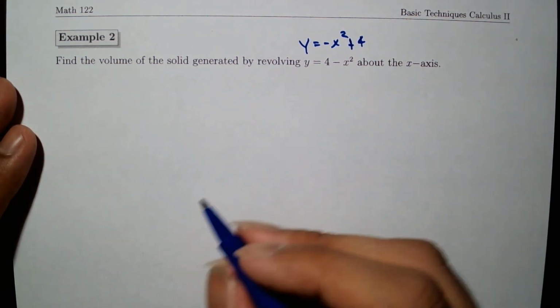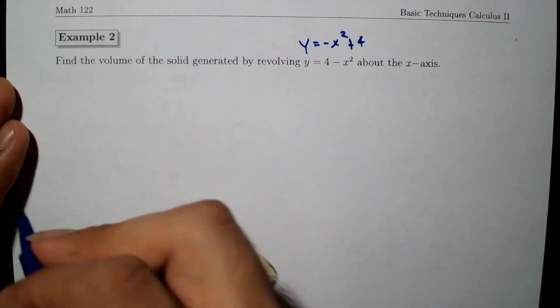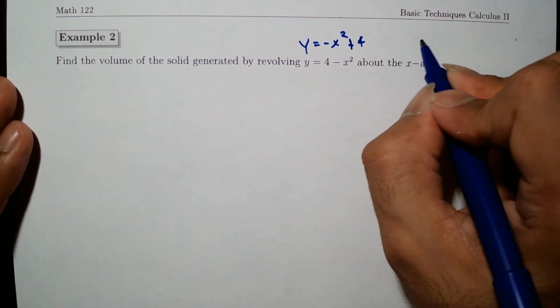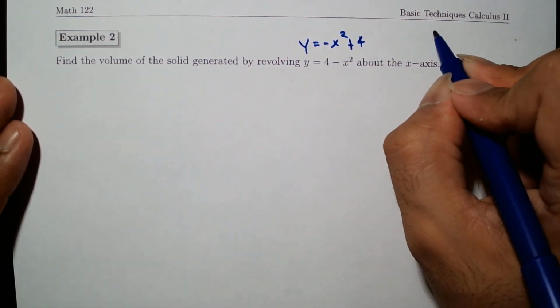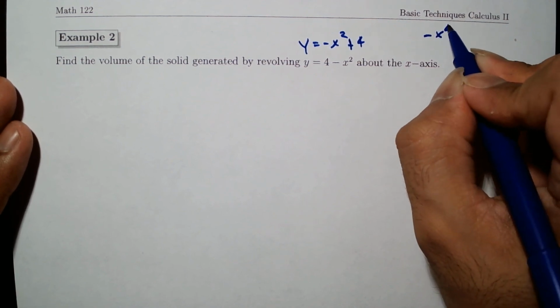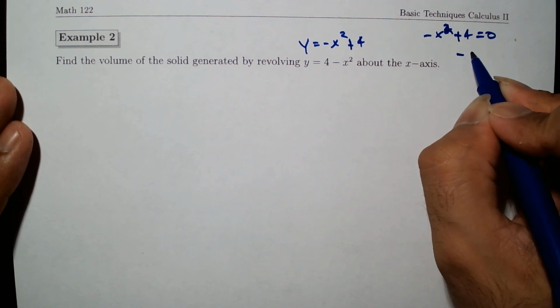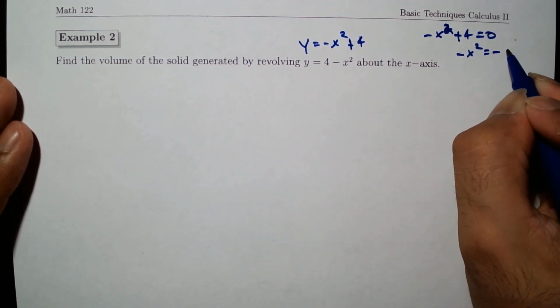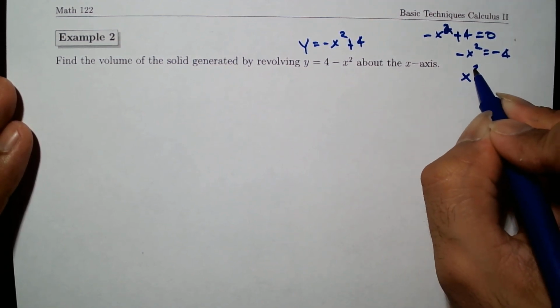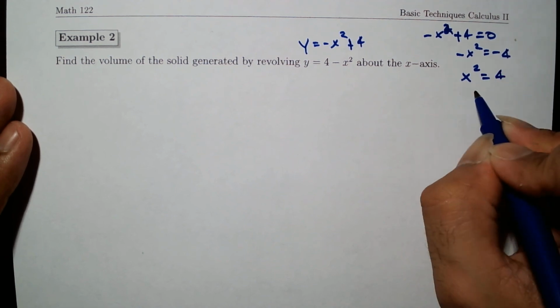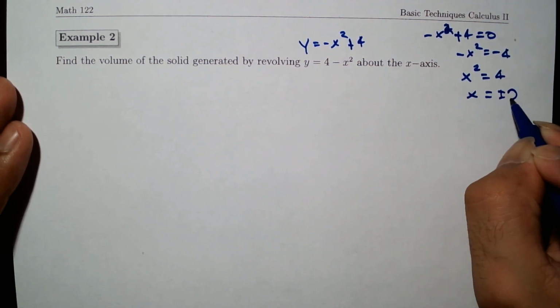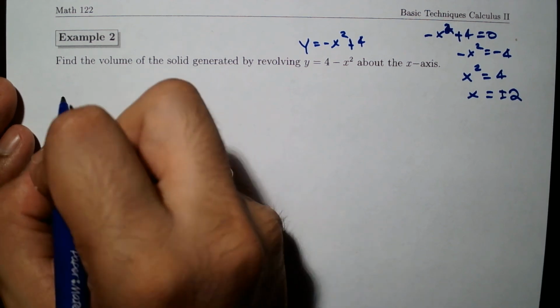All right. And also if we set this equal to 0 to find the x-intercepts, we get plus or minus 2.